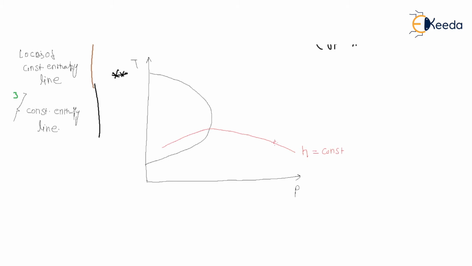Let's suppose our initial point is somewhere here, at H. If you draw a throttling process, if you move along this direction, from the heating region up to the cooling region, this is a heating region and this is a cooling region.